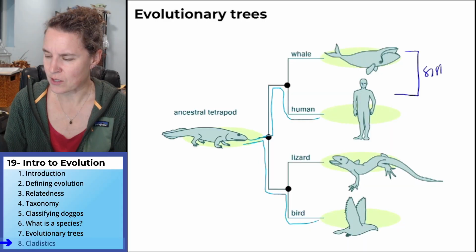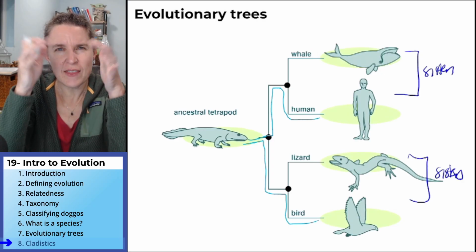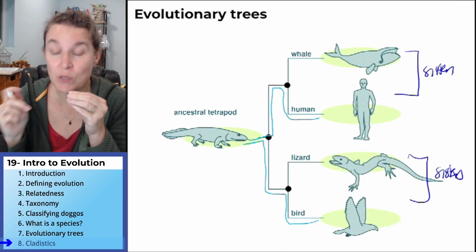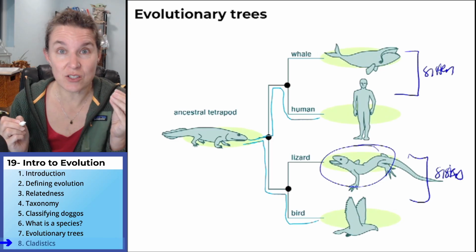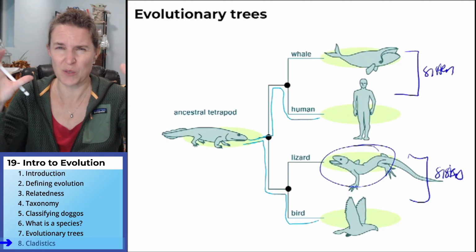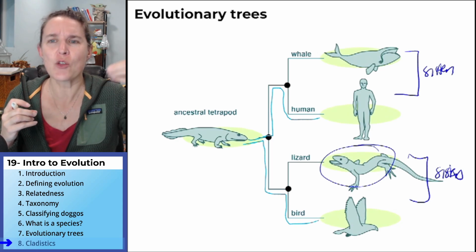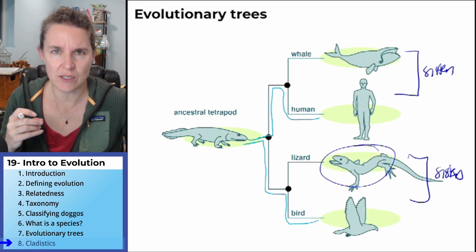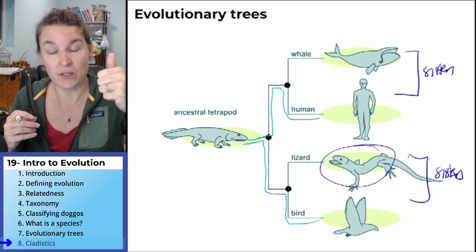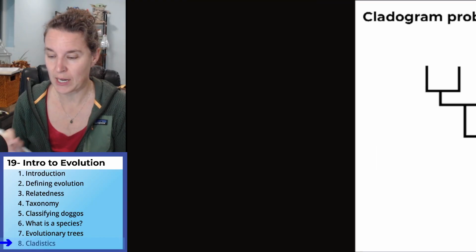These guys are sisters, and these guys are sisters. They share the most recent on a cladogram. Now, we could make a new cladogram and have just lizards on that cladogram, and we'd have a whole bunch of different groups, right? It would change. The bird is not always the sister of the lizard. In this tree, the bird and the lizard are sisters, and the whale and the human are sisters because they share the most recent common ancestor.